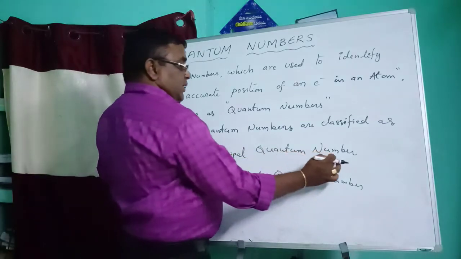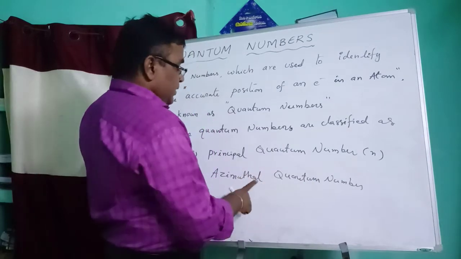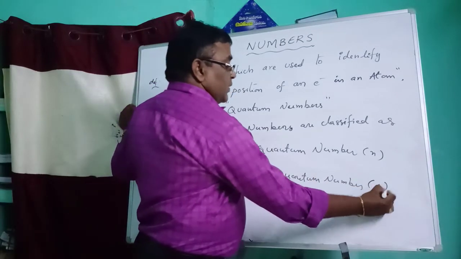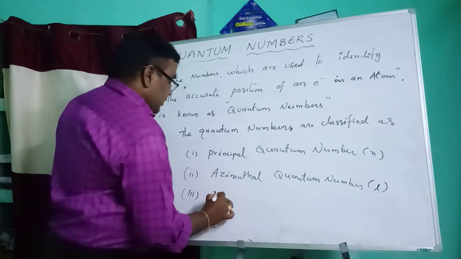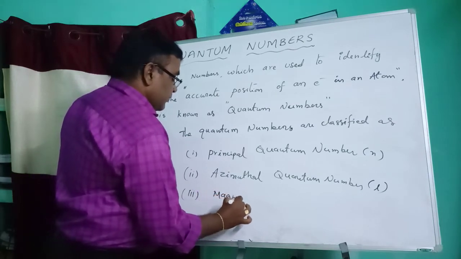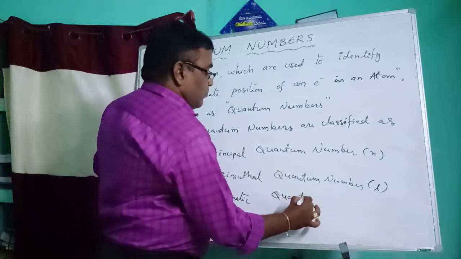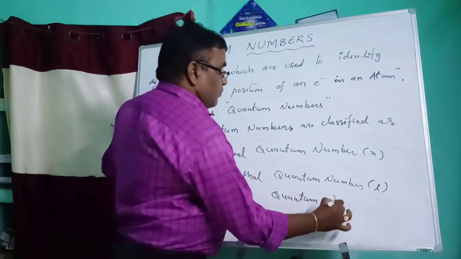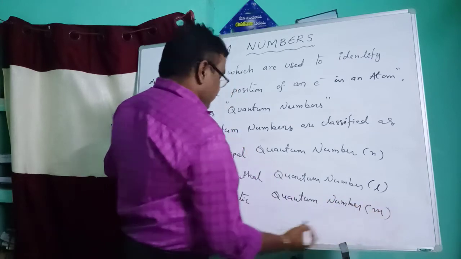Principal quantum number is represented by small n. In azimuthal quantum number, the symbol is L. The third one is magnetic quantum number, small m.